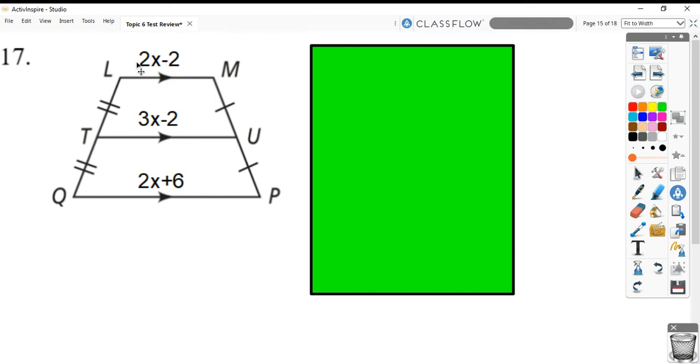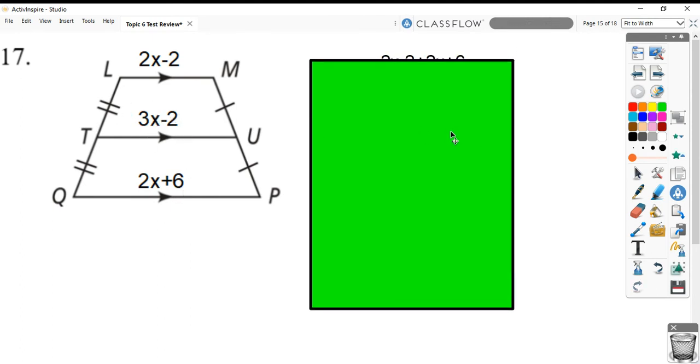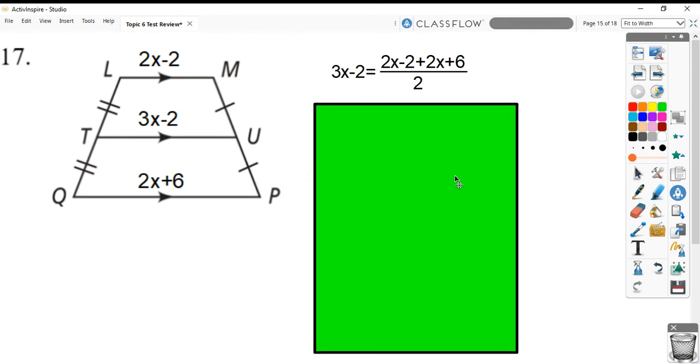So if you take this top base plus this bottom base divided by 2, that equals this middle one right here. With that, we've got 3x minus 2, our midsegment, and we've got our two bases added together divided by 2.